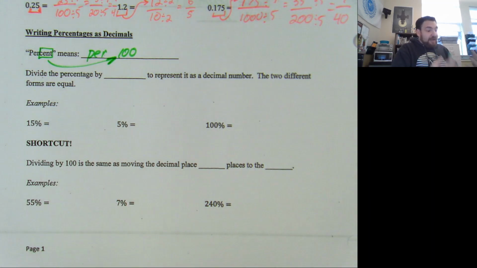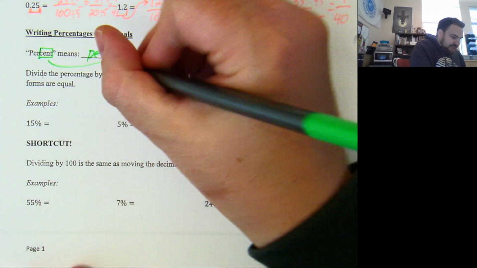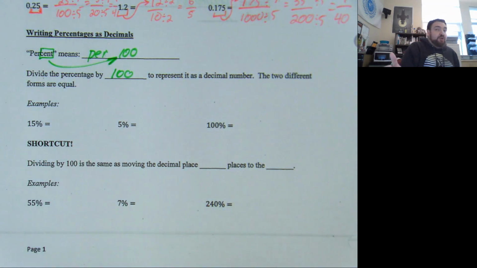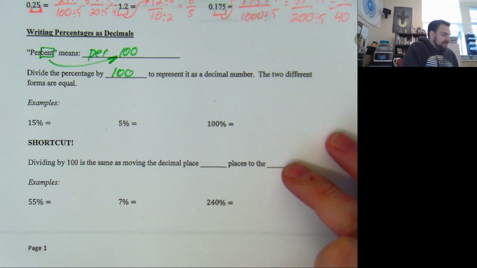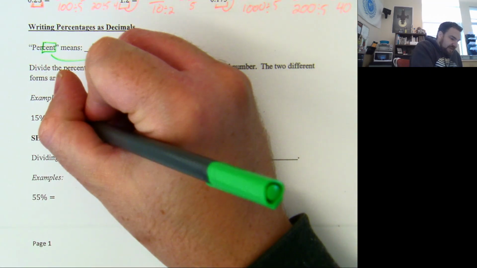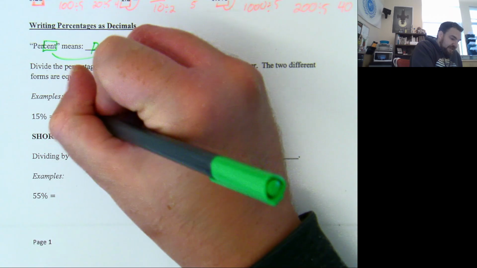So, to convert a percentage to a decimal, we divide that percentage by 100 to represent that thing as a decimal number. And then you drop the percent sign and reduce if you can. Or maybe it's not necessary to reduce. Let's see, we're writing it as a decimal. So 15% is going to become 15 over 100.